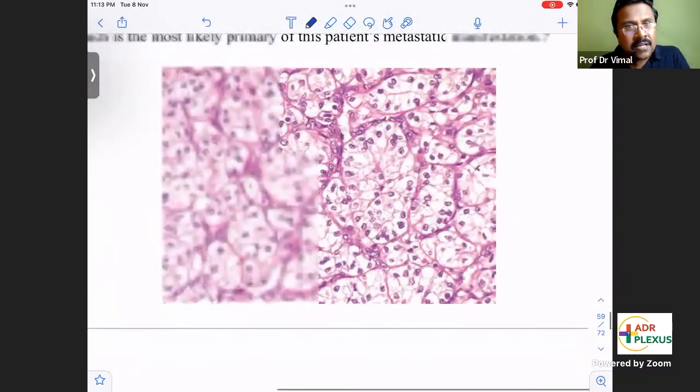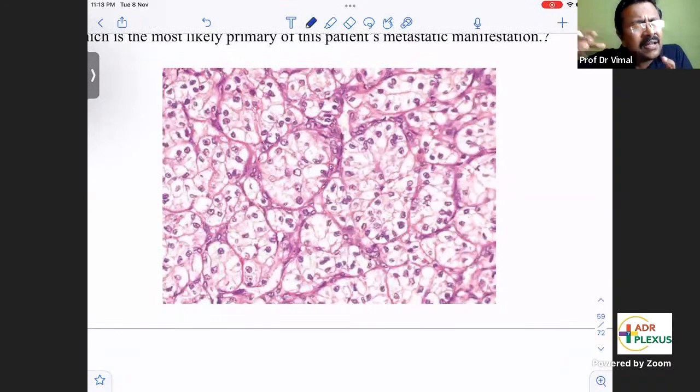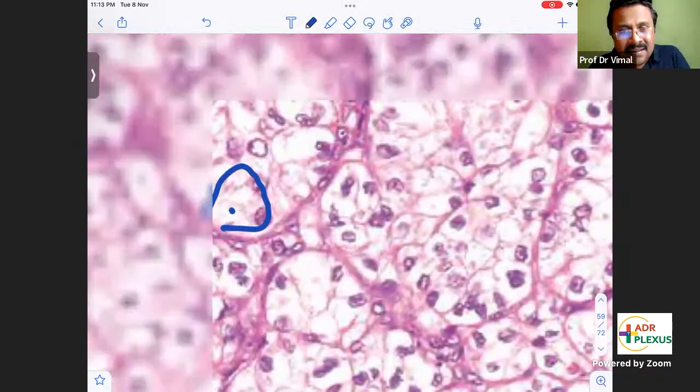And also see this: the biopsy taken from the lung shows the same features as the primary. So the primary and the metastasis will both have features of a clear cytoplasm. See this, the cytoplasm is very clear.